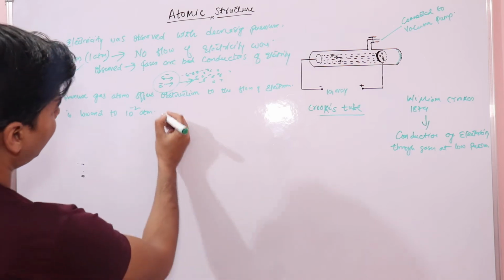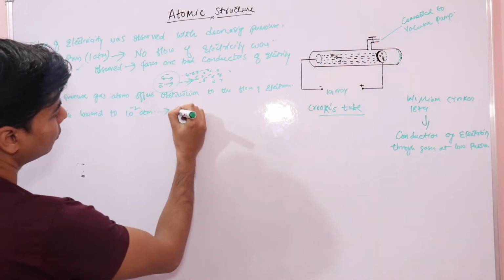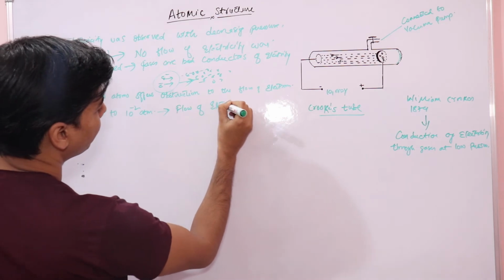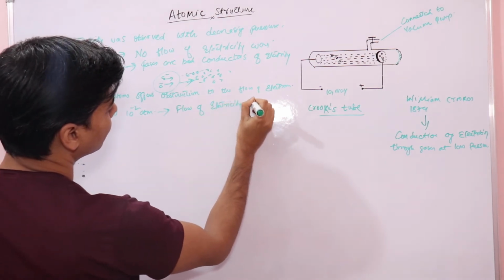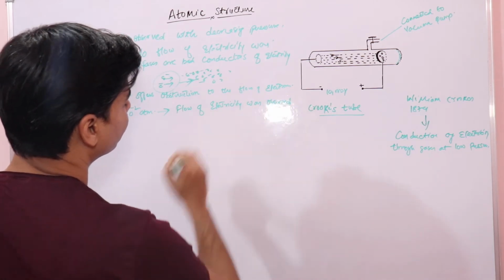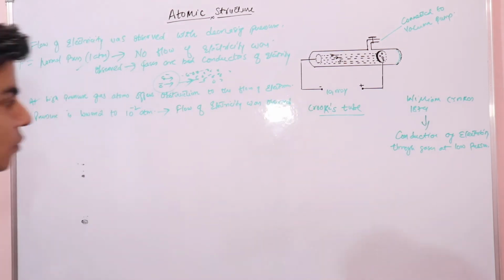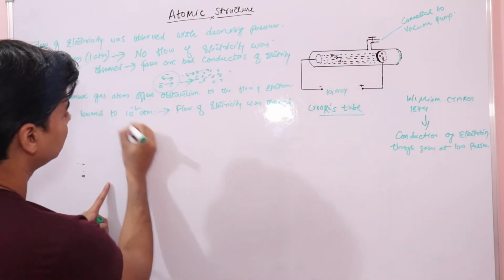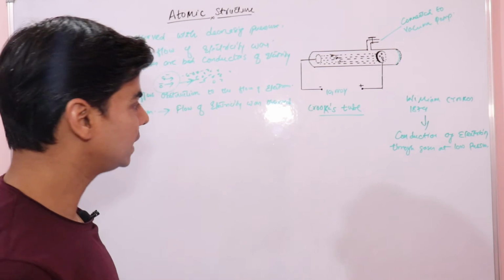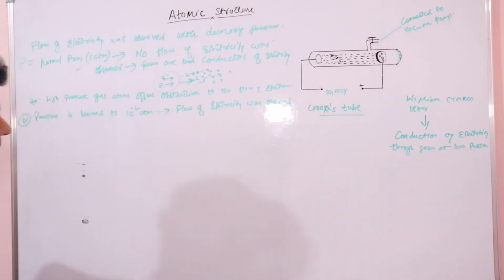Now at low pressure, flow of electricity was observed, right? Flow of electricity was observed at 10 to the power of minus 2 atmospheres, which is reduced pressure.